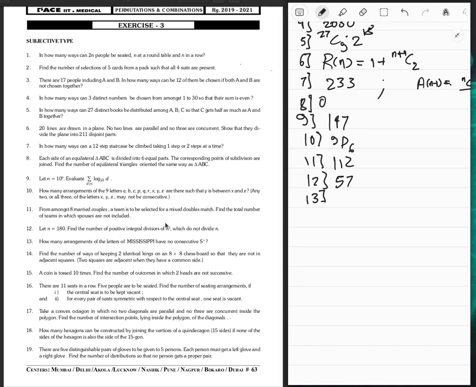First of all, M I I P P. Just how many are there? 1 M, 2 P's, and 4 I's, and 4 S's as well. So these characters, you want to arrange them basically, right? Yeah, that looks like the thing.